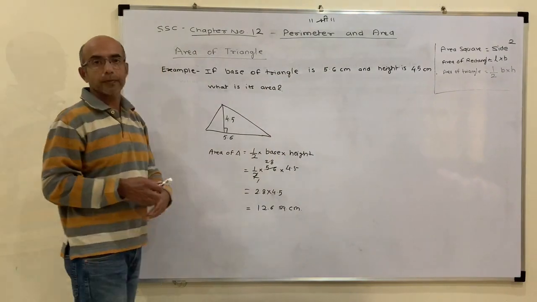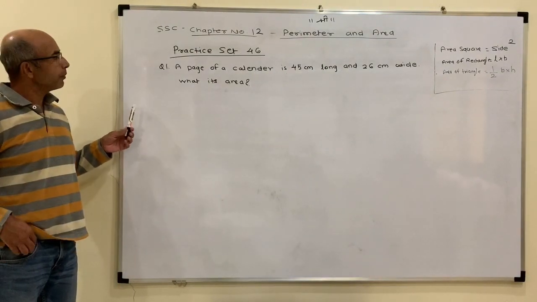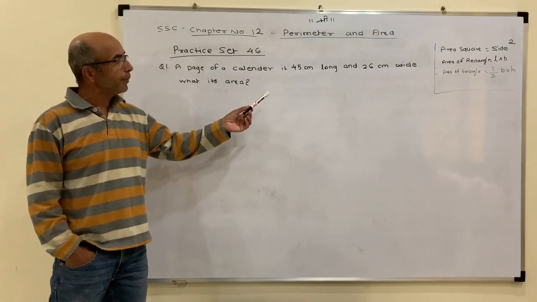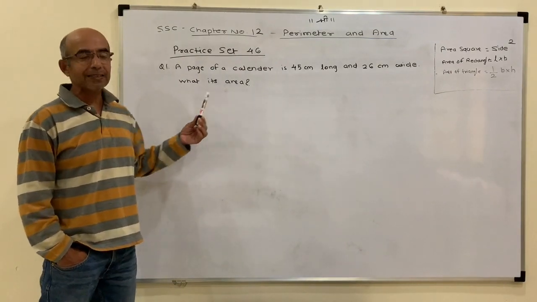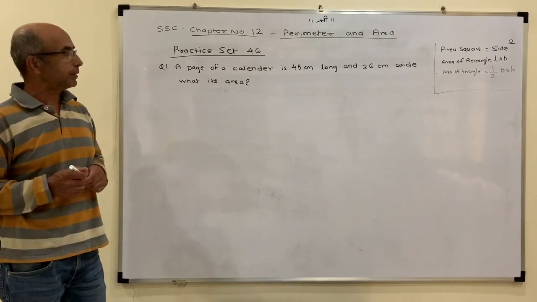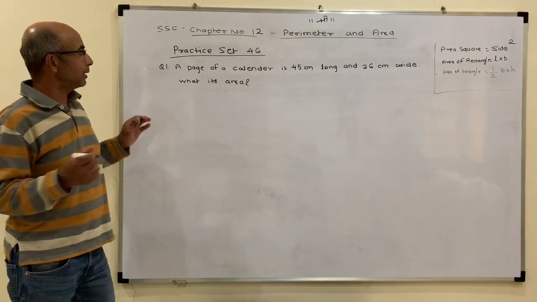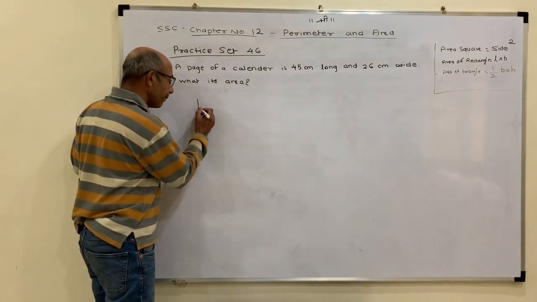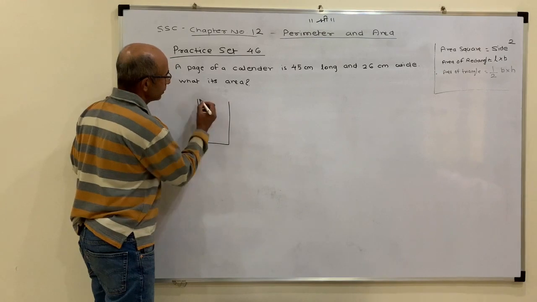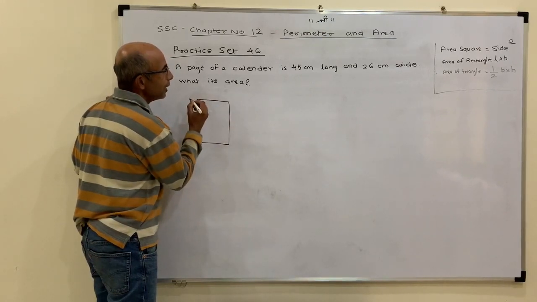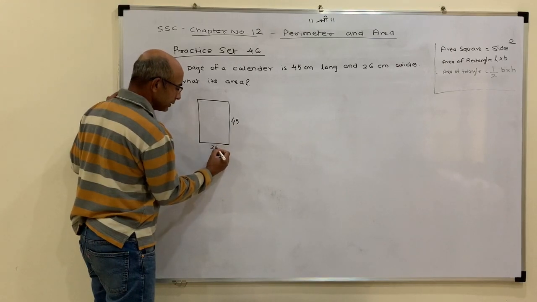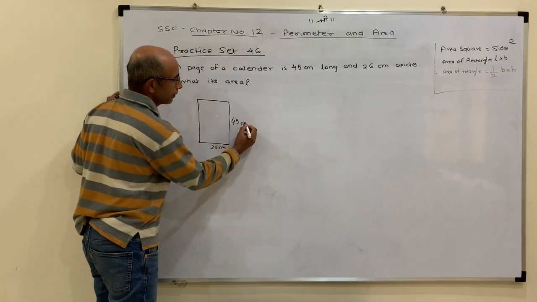So question 1. The page of a calendar, a rectangle, is 45 centimeter long and 26 centimeter wide. We need to find the area of that page. The page will be a rectangle shape, and 45 and 26 are the sides.